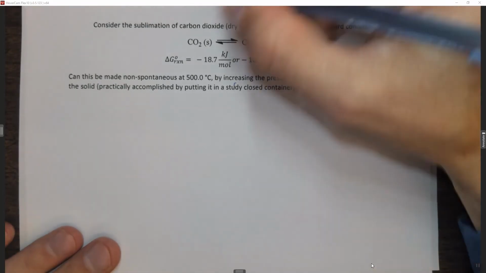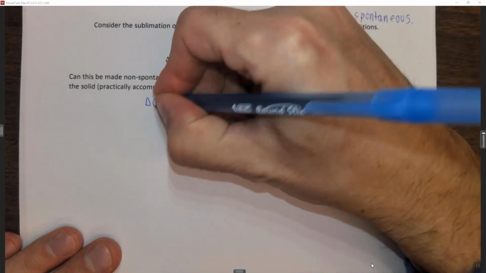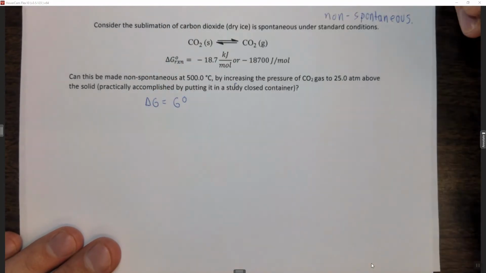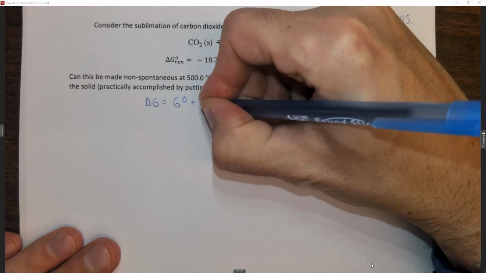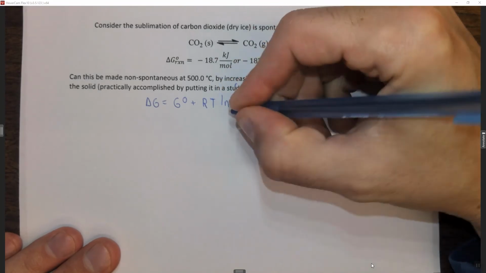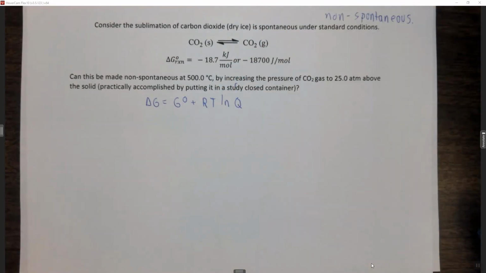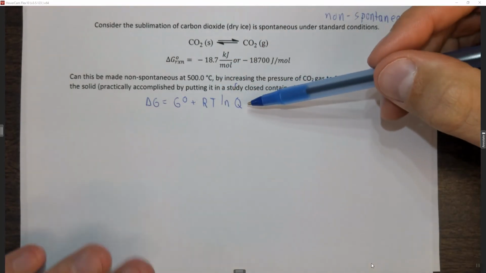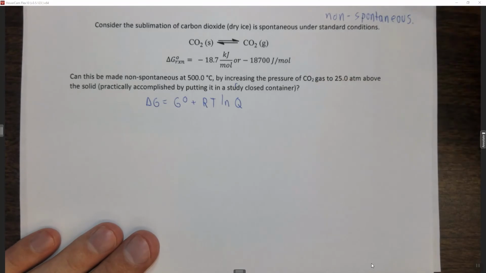So in this case, the delta G is going to be equal to the standard delta G plus RT ln Q. And Q is the non-standard conditions. Q is like K, but not at equilibrium. It's under non-standard conditions.